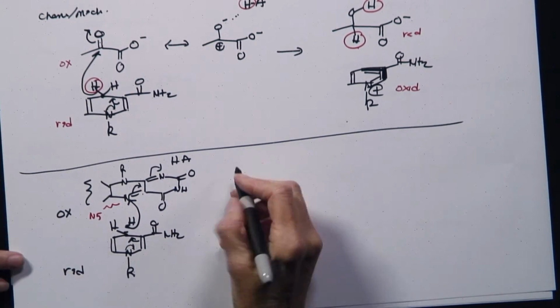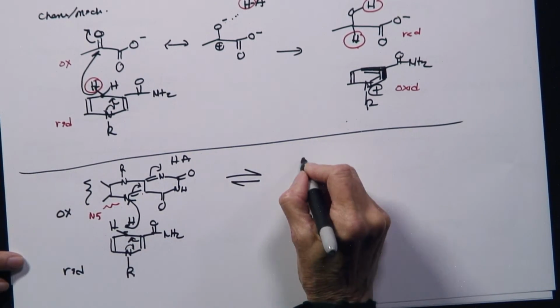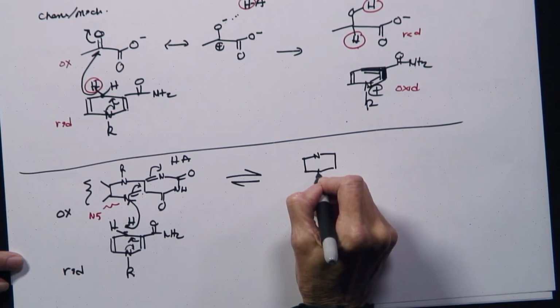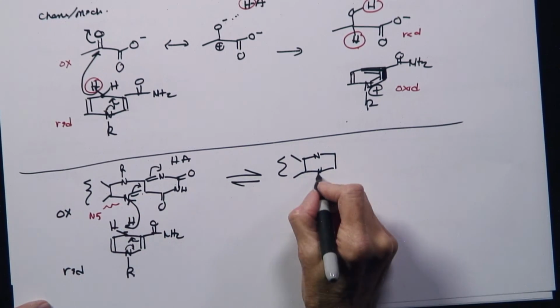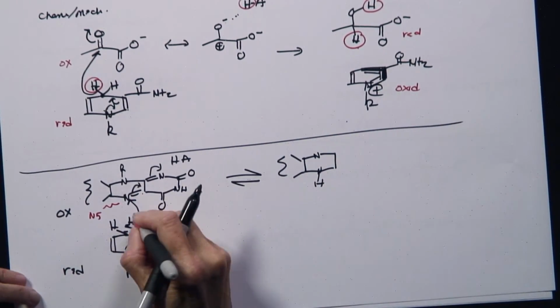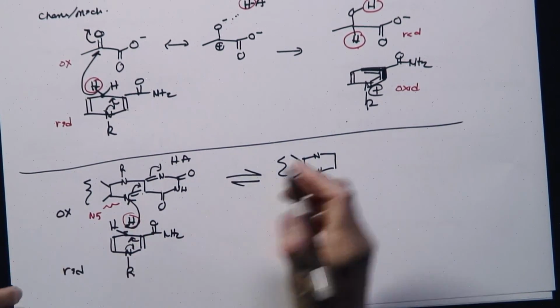And so what then happens is you end up with the reduced form, where this hydrogen is transferred to the N5 position.